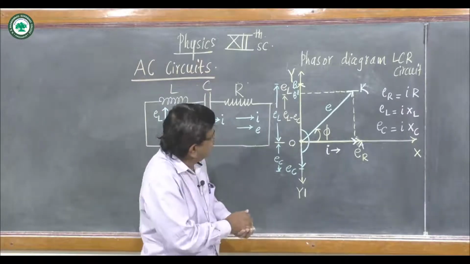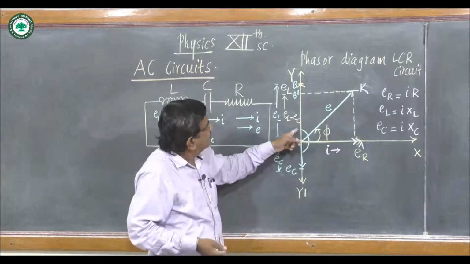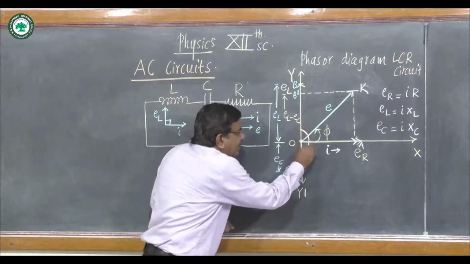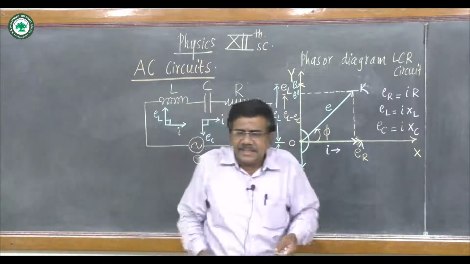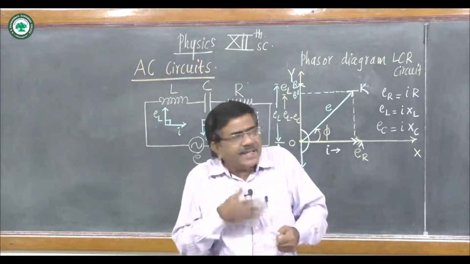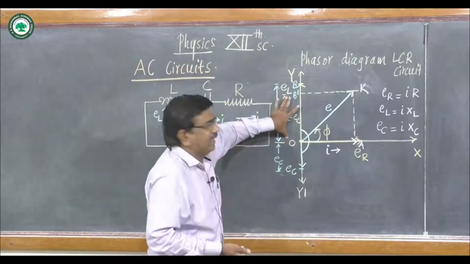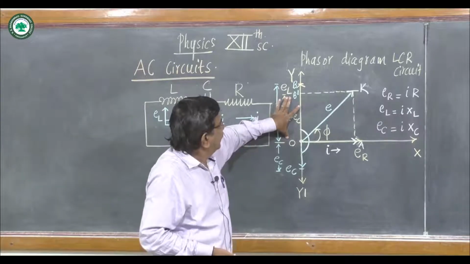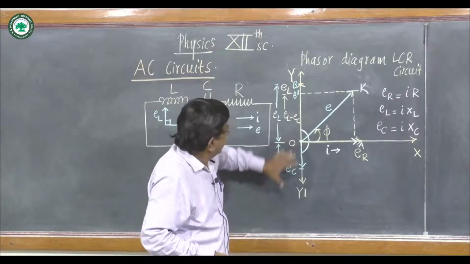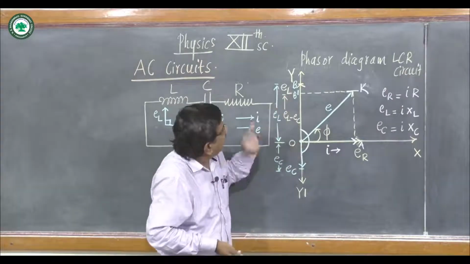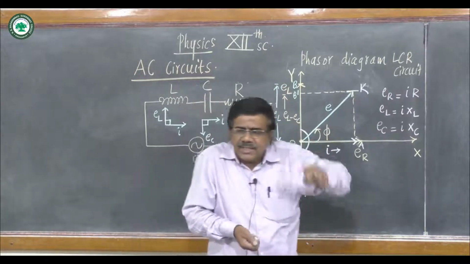From the figure it is clear that the EMF across the inductor and capacitor have a phase difference of 180 degrees. The net resultant voltage is EL minus EC. If EL is greater than EC, the net resultant voltage is EL minus EC, and it is in the direction of EL.